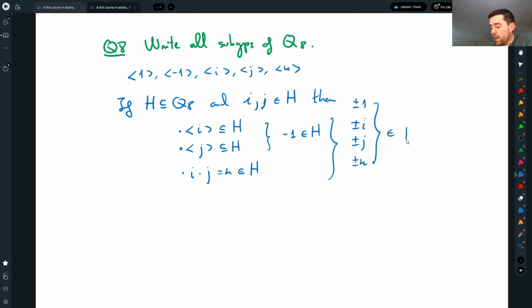These are all in H, and therefore H is all of the quaternions.